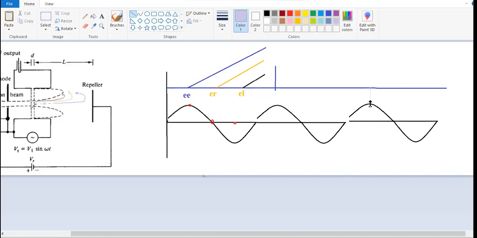So I can just see this electron. Here it will be forming a little bit of a curve. So this electron is going this way.